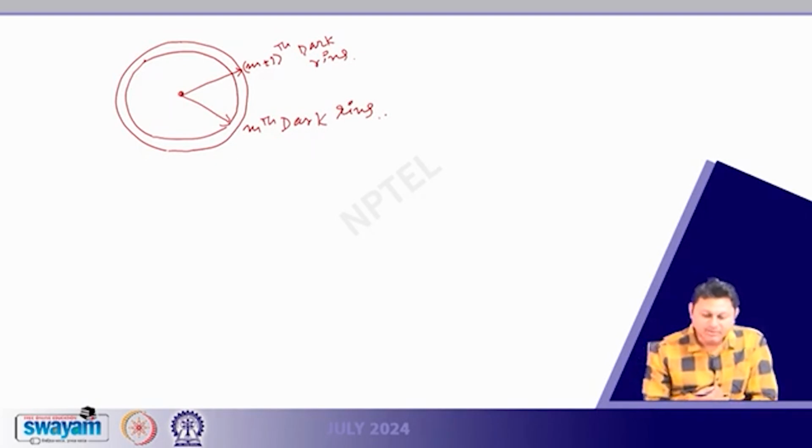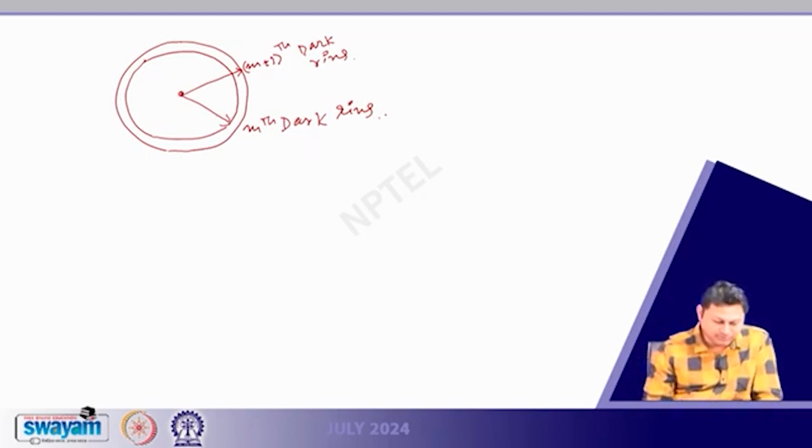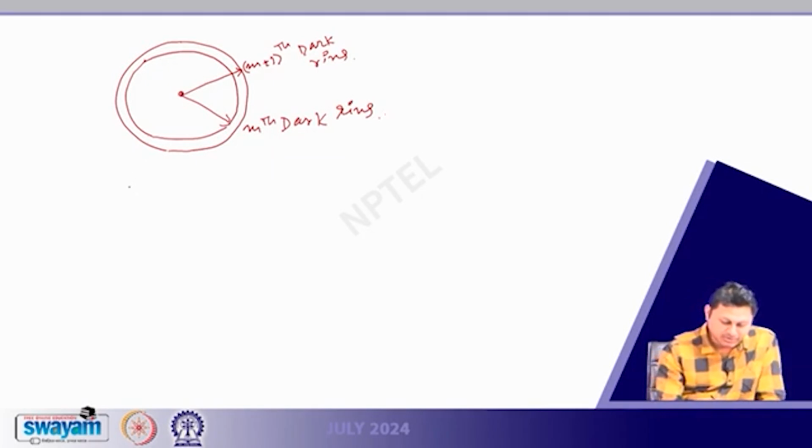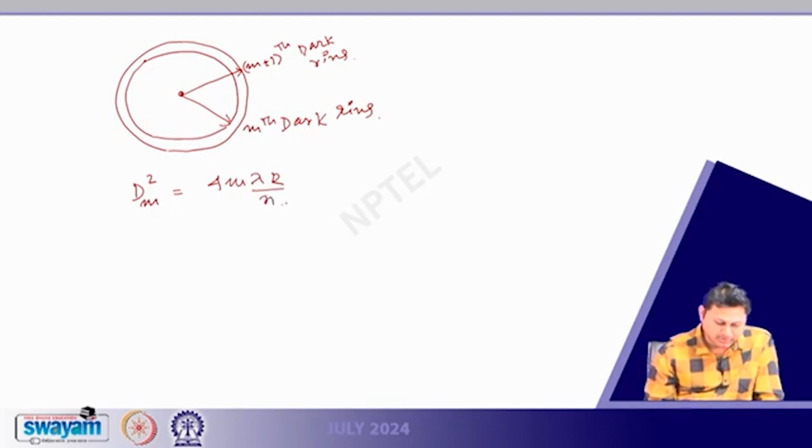So, the m plus 1th dark ring and the mth dark ring, I know the general formula for the diameter of the mth dark ring. So I can write that dm square is equal to 4 m lambda r divided by n.